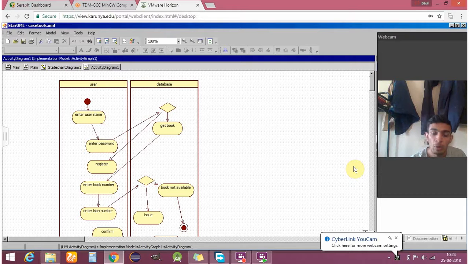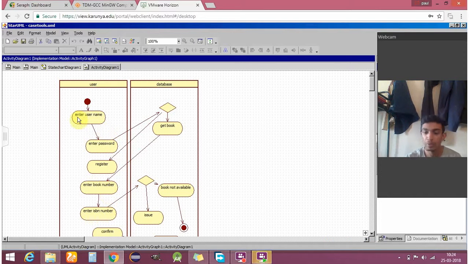And to talk about the types of activity diagram, there are two types: one with swim lanes and one without swim lanes. What I've done here is the one with swim lanes. Actually, the difference between both is that if you're using swim lanes, a swim lane is basically used to group the different entities or states or the properties or functions, operations into columns based on the person who's performing or initiating it.